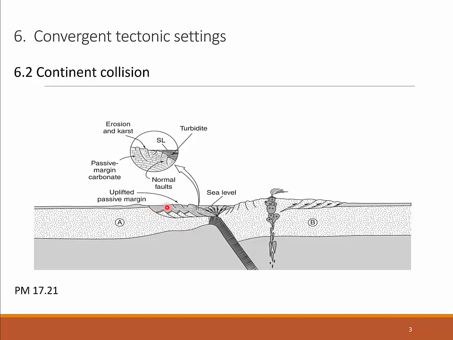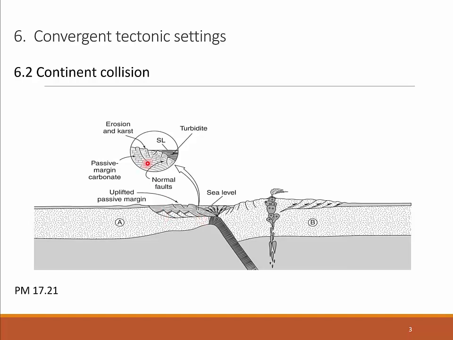We might find here sediments that have accumulated over a very long time undergoing deformation and metamorphism, and the first stage might be uplift, which is essentially a response to elastic bending in the early stages of collision.